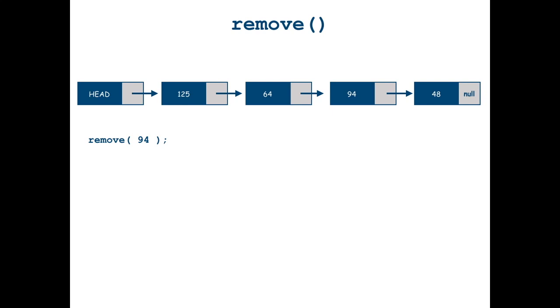So once again, I'm going to have to iterate through the list one by one. Just like before, the first thing we'll do is have the iterator point to the head of the list, and look at the value. 125 is not whom we're looking for, so we go to the next element in the list. 64 is not who we're looking for, so we go to the next element in the list.